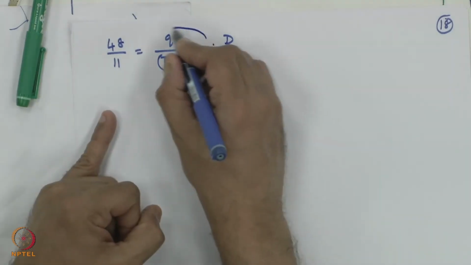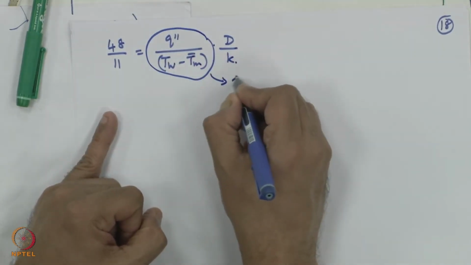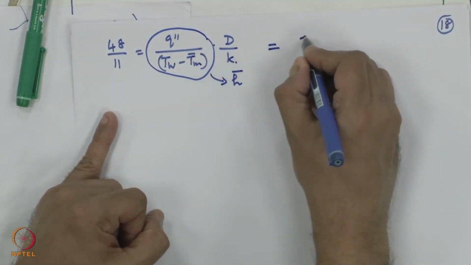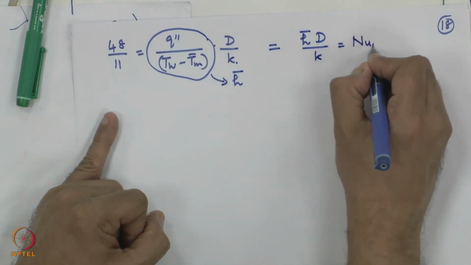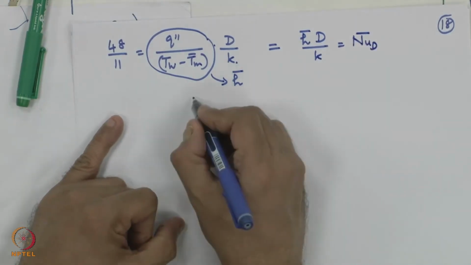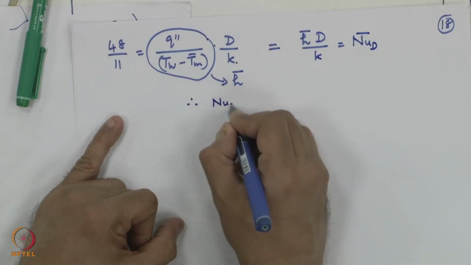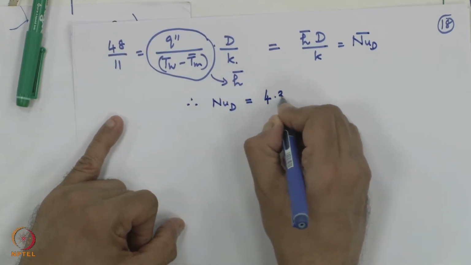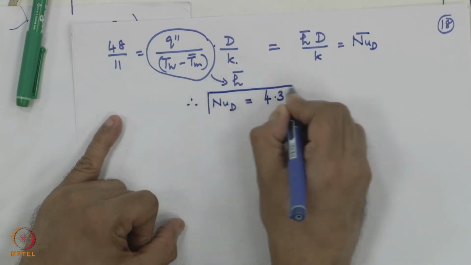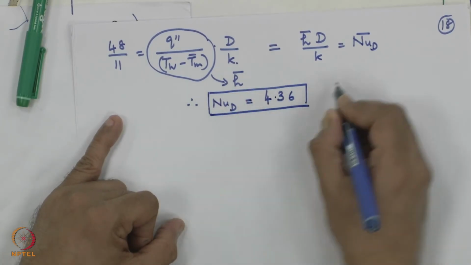This is nothing but your heat transfer coefficient. Therefore, you get h bar d by k, which is nothing but the Nusselt number. Therefore, Nusselt number for the constant wall heat flux case is 48 divided by 11, which comes out to be 4.36.